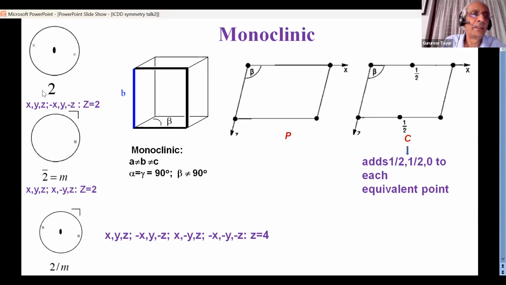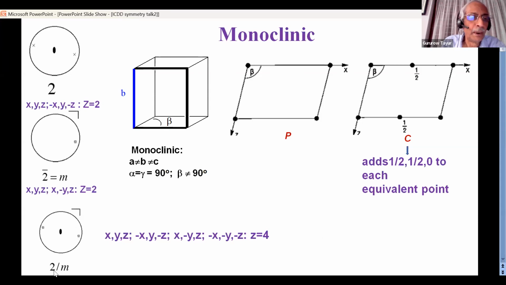In addition, we have 2 other point groups which can be associated with the monoclinic symmetry. They are the 2 bar, which is the mirror, where the 2-fold operation is combined with an inversion center. So x, y, z and x, y bar, z defines a mirror. 2 bar is a mirror, a 2-fold followed by a mirror symmetry.